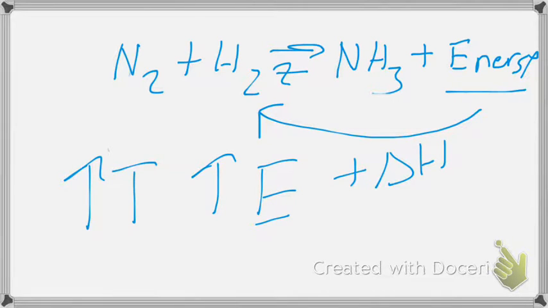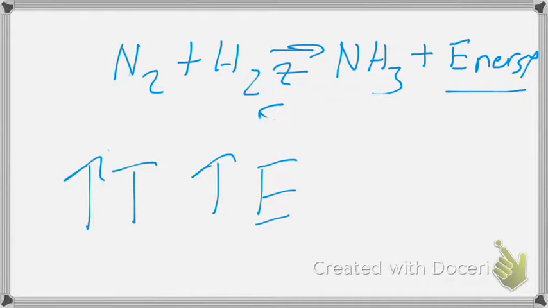All right, and you know that endothermic reactions take in energy, and so we actually will lose energy by the system. Okay, or gain potential energy by the system, but lose heat energy, I should say.